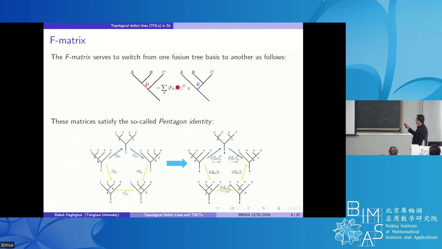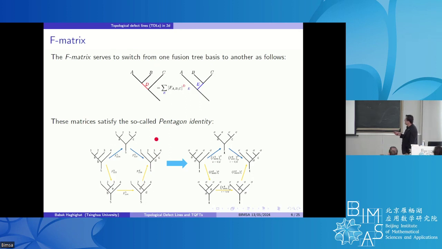These configurations are equivalent up to the action of a matrix called the F matrix, which sums over E, and it's basically acting on these vector spaces. So it's a matrix transferring between different trees and gives you equivalences between physical theories with different trees. Okay, so that's another thing.